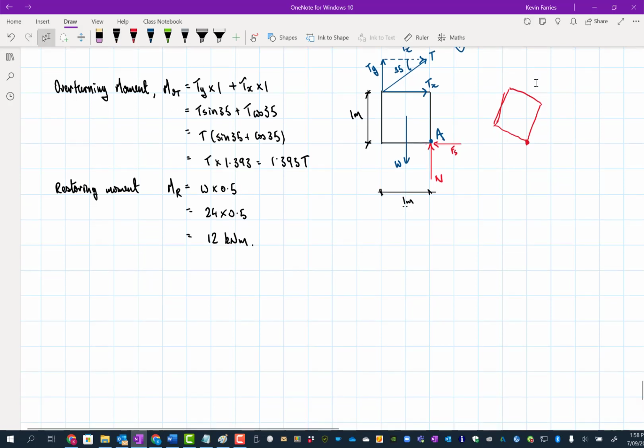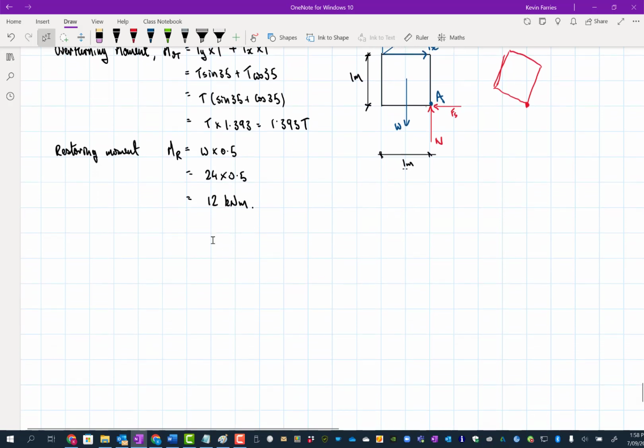And so at the point of overturning, this value is going to be equal to this restoring moment. At the point where it's just about to tip over, these are both increased far enough that they're going to be equal to that restoring moment. So let's figure out what that is. At impending overturning, we will have MR is equal to MOT.